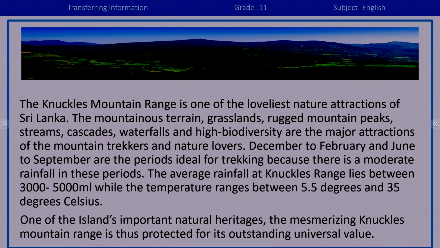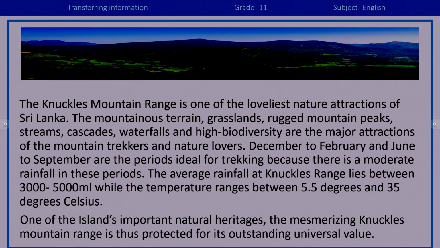The Knuckles mountain range is one of the loveliest nature attractions of Sri Lanka. The mountainous terrain, grasslands, rugged mountain peaks, streams, cascades, waterfalls, high biodiversity are the major attractions of the mountain trekkers and nature lovers.